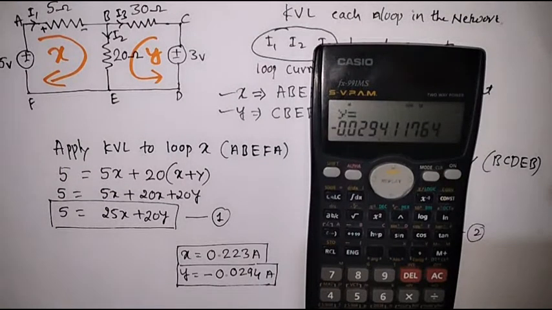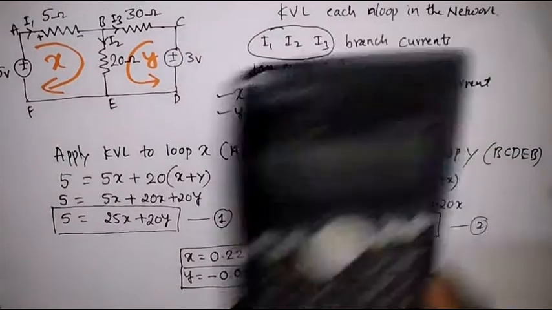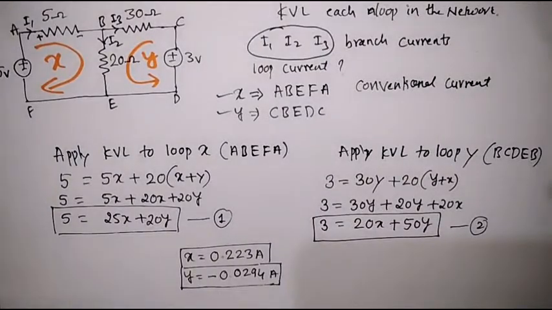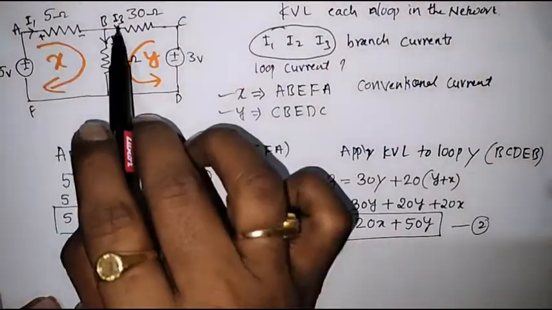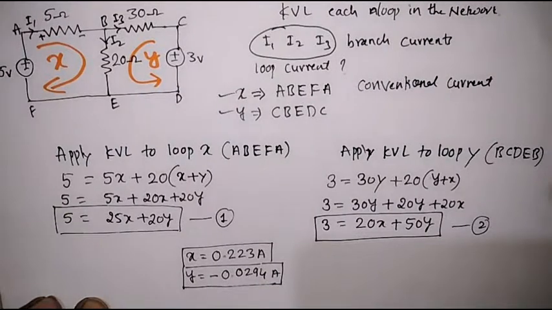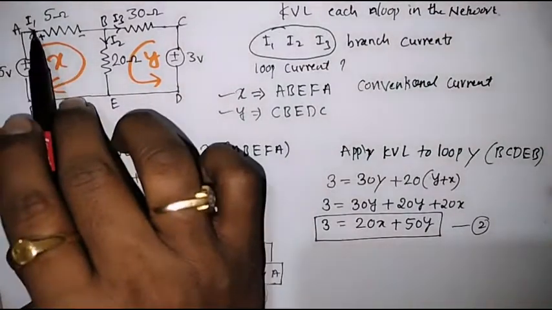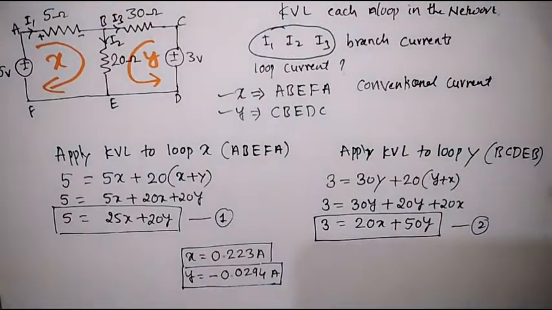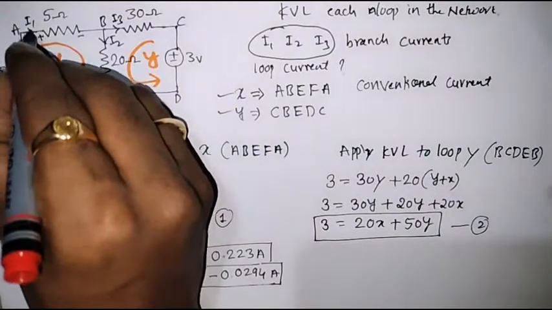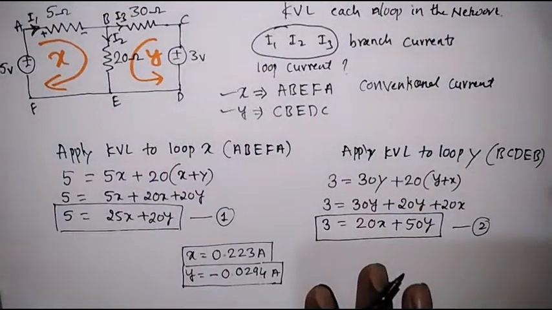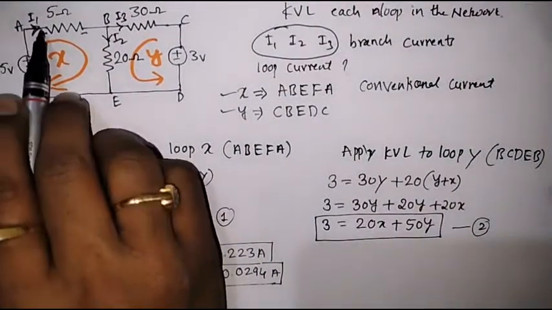Now let us see how to find the branch currents once you find the loop currents. Here the branch currents are I1, I2 and I3. Look at this example. What is I1? I1 is the current which flows through the 5 ohm resistor.